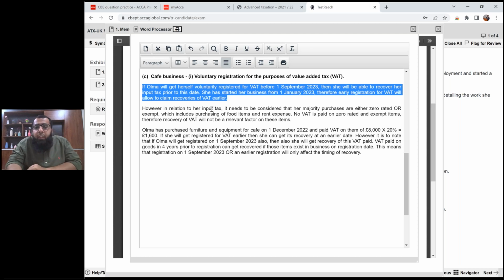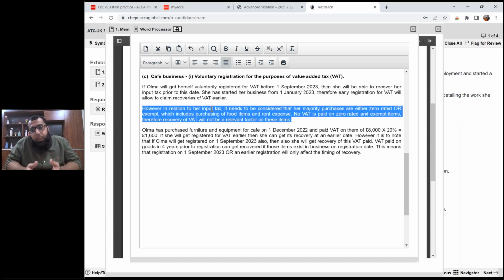Now, however, in relation to input tax, we highlighted one point that her major purchases are zero rated and exempt. So effectively, she is not paying any VAT. When she is not paying any VAT effectively, the recovery is not a significant issue for her.